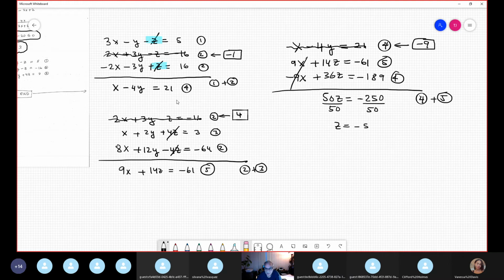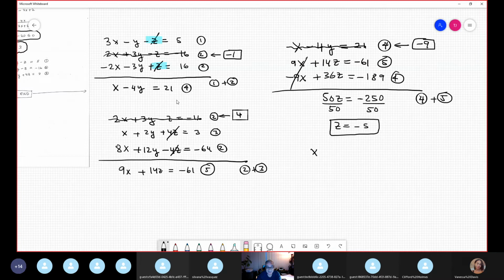Okay, now to find the rest. Well, I'm taking, for example, in my paper, equation number 4, which I consider easy.